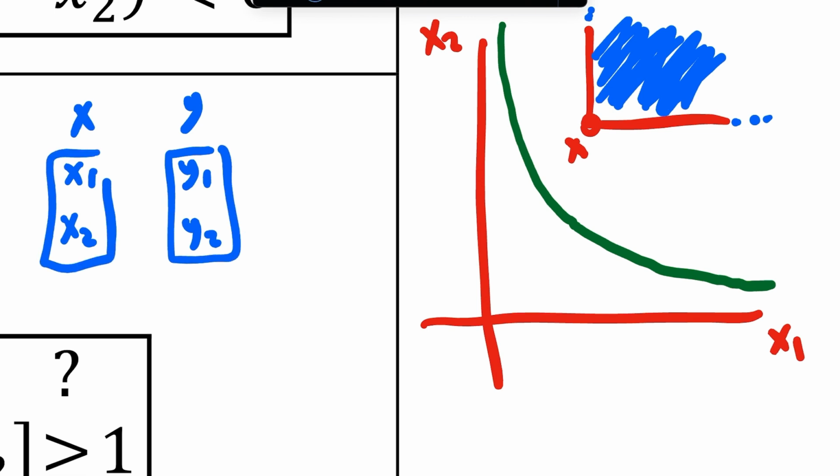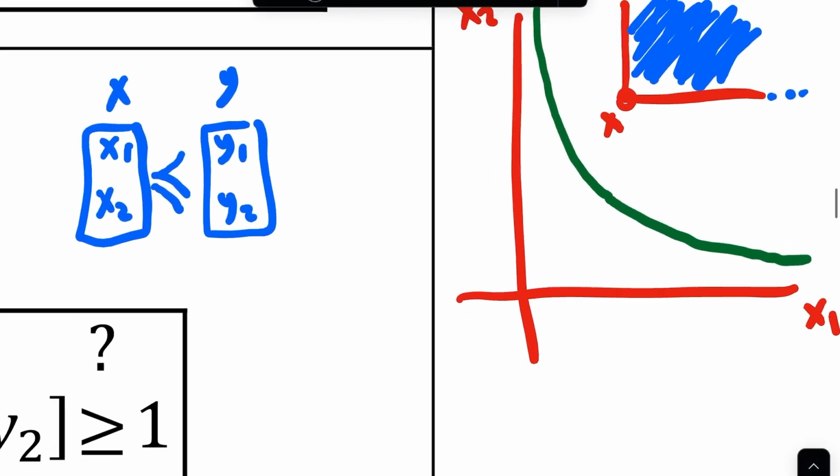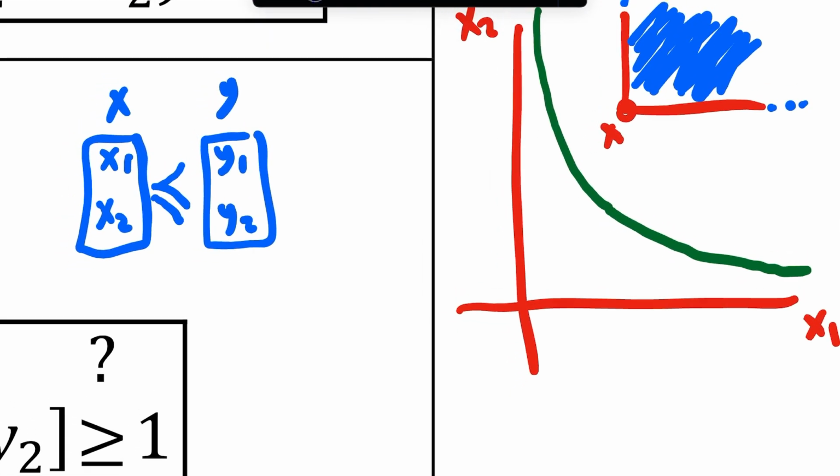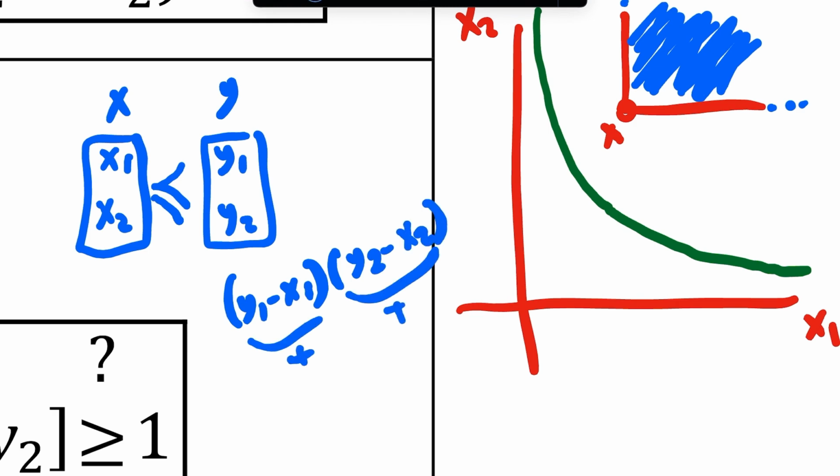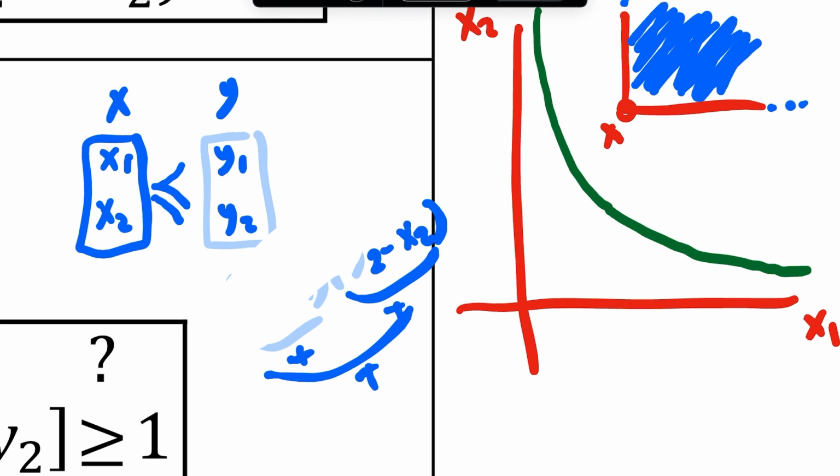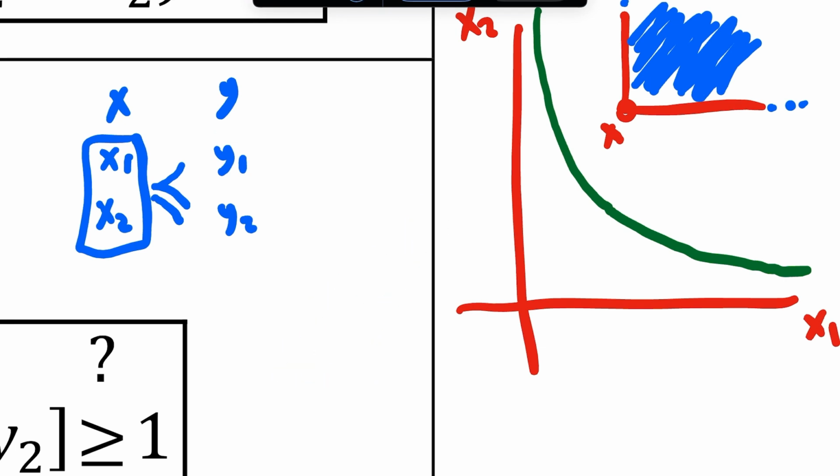If I write something like this, what would happen? Let's try to understand. y1 minus x1 times y2 minus x2. This is positive, and then this will be positive, right? This is for example.